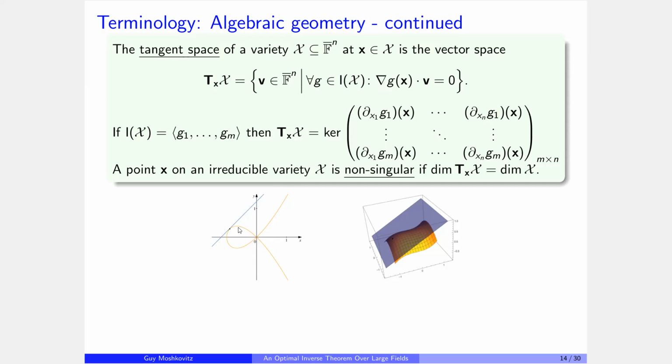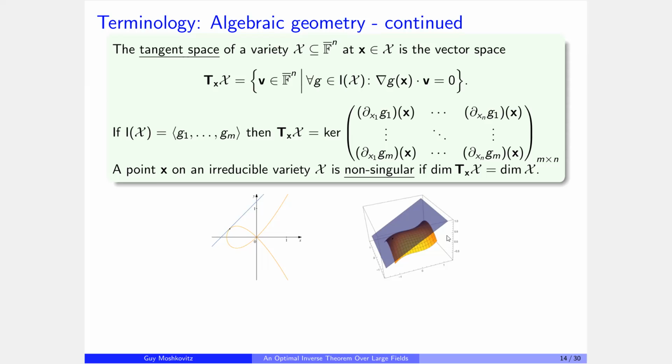So for most of the points, as you can see here, this is just a line, so it's a tangent space of dimension 1. For a generic point, for most of the points on the curve, the tangent space has the same dimension as the variety. But there are some special points, singular points, for example the origin here, for which the dimension of the tangent space is actually larger than the dimension of the variety.